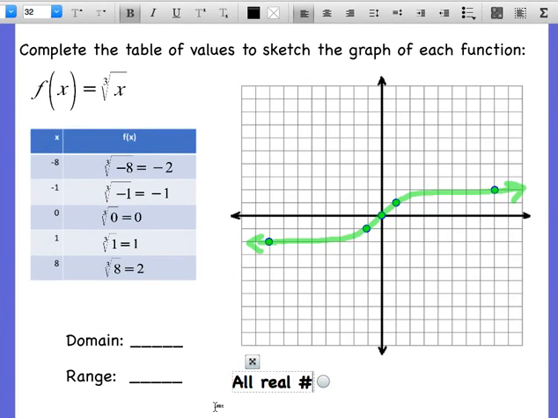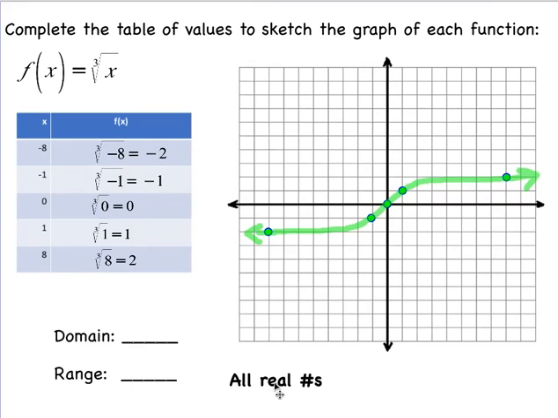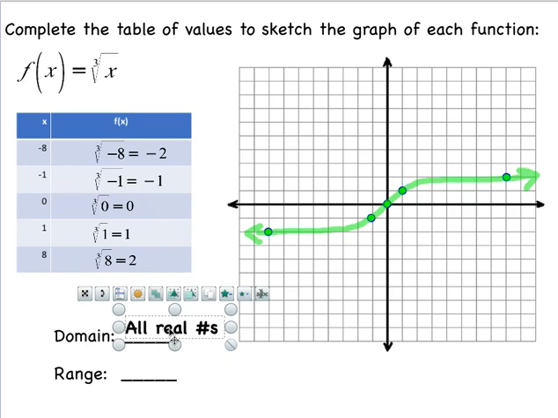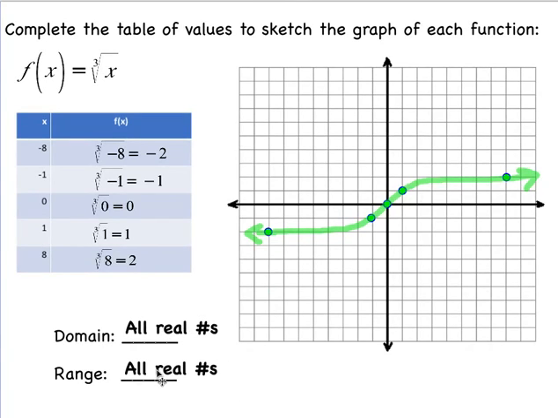And I'll just type all real numbers here. And for my range, I have a function graphed both on the negative side of my y values as well as on the positive side of my y values, so I can just copy that and type all real numbers for the range as well.